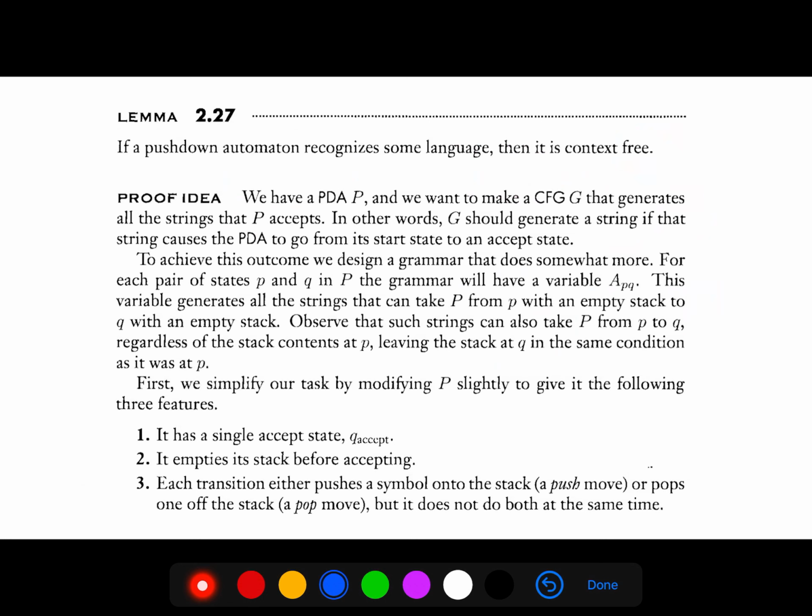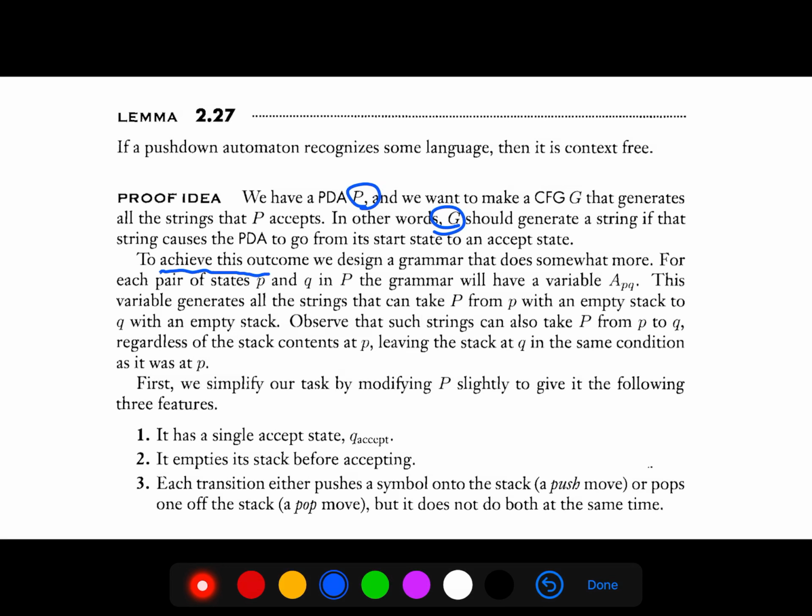So we prove we have a push-down automaton P. We want to make a context-free grammar that generates all strings that P accepts. In other words, G should generate a string if that string causes the push-down automaton to go from its start state to an accept state.